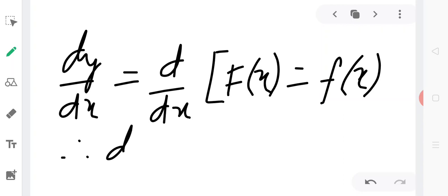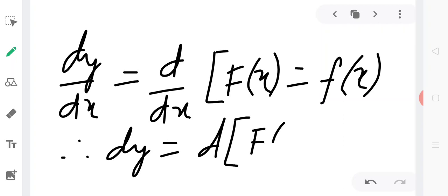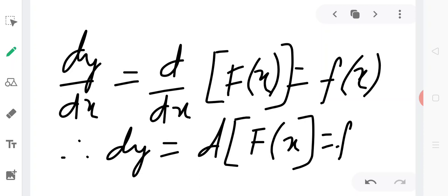Therefore, can't we write dy equal to differential of y, and that is equal to f(x) dx. Now this is the expression for differential dy.